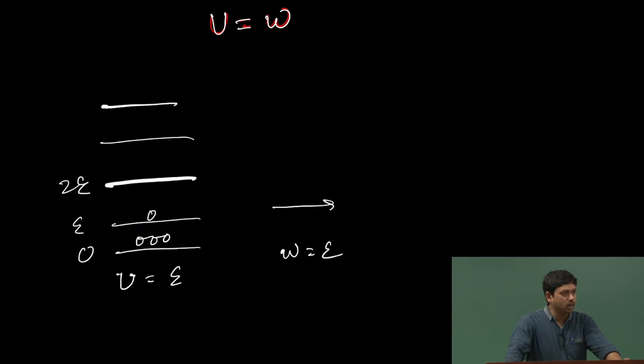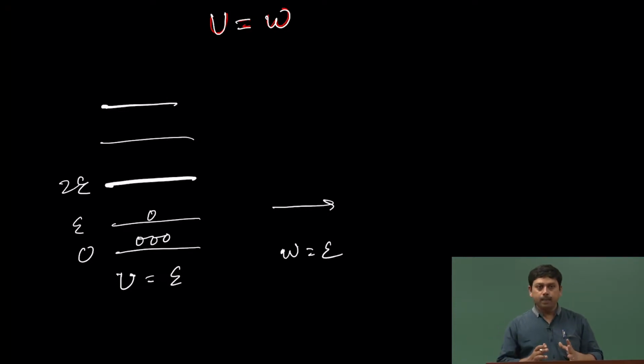What happens in work? When you do work, the volume changes, right. Volume of the system changes. Now, imagine a particle in a 3D box. A particle in a 3D box has 3 different lengths, length, width and height, right.